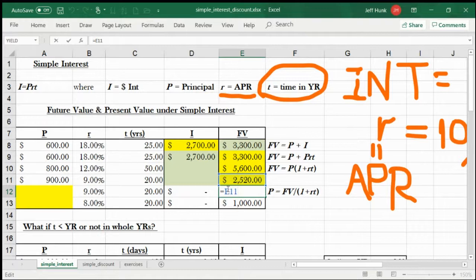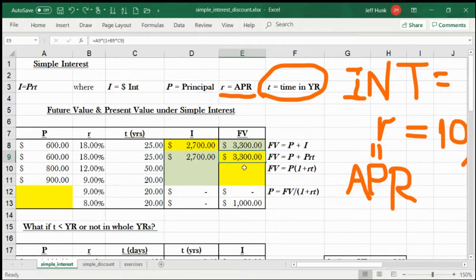So if this cell is already commanded to be equal to this, E12 is already determined to be equal to E11. So whatever is happening here will also be reflected here, right? But let's retrace how I copied and pasted.